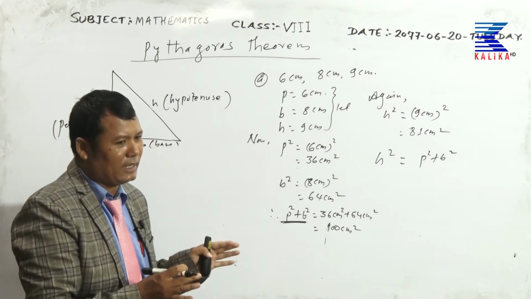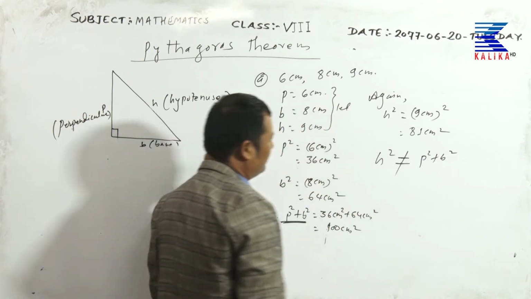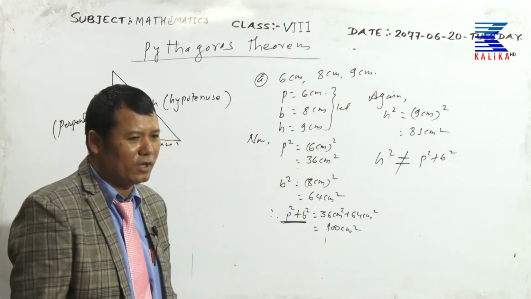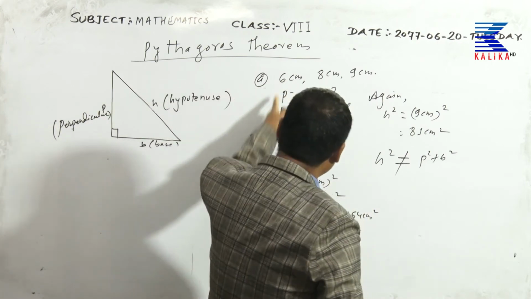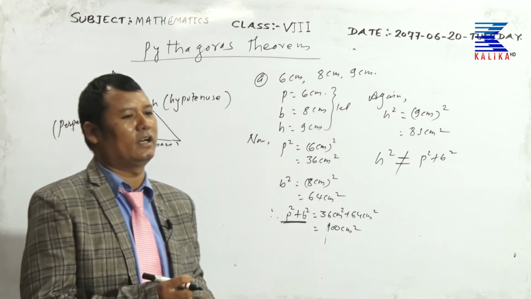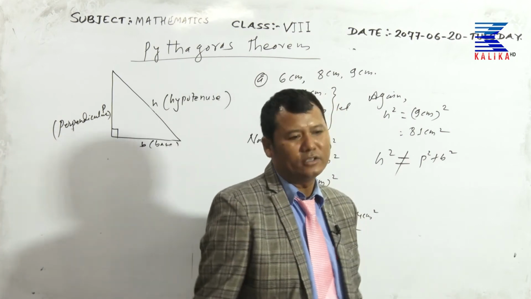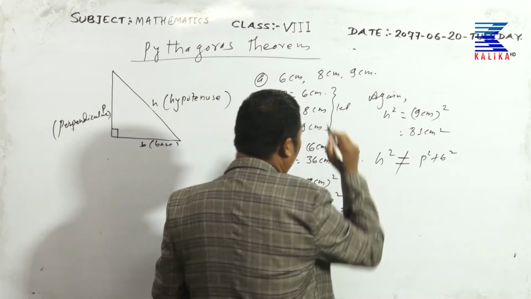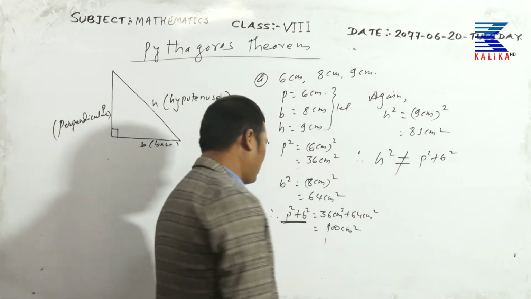But that is not equal. H square does not equal P square plus B square. Hence the sides 6 cm, 8 cm, 9 cm are not the sides of a right angle triangle.